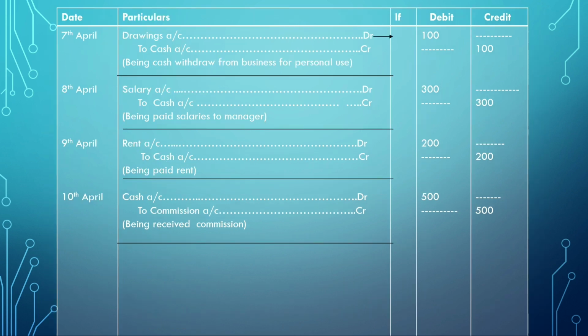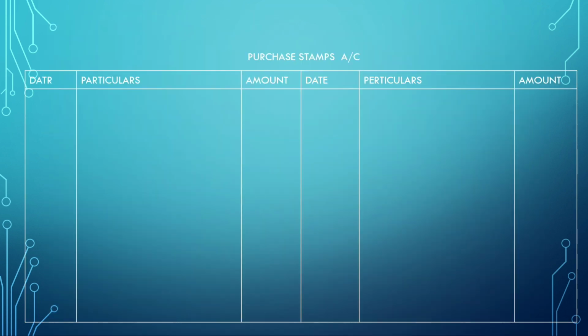So the purchase stamp account is a debit. The date was 6th April and the amount was 50 rupees. Here we are receiving the stamps and we are sacrificing the amount, so cash is going outside and stamps are coming inside.